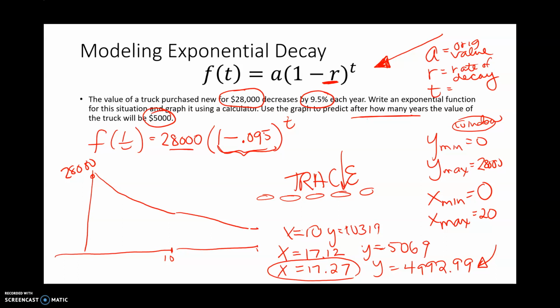And we're never going to be exact. So we are going to pick this point. As long as you're in the ballpark, gang, I'm okay with it. So you would say after about 17.27 years, this is really an about, the value has decreased to about $5,000.